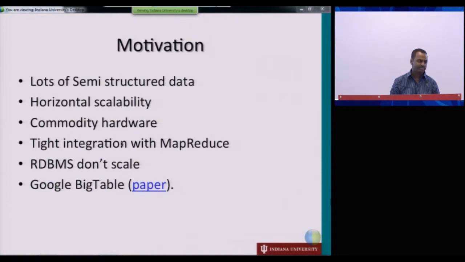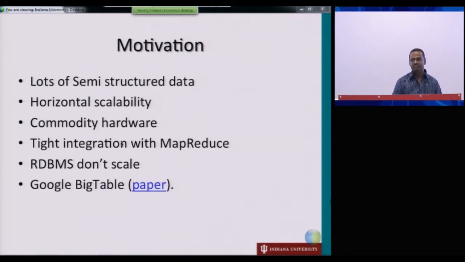Horizontal scalability means increasing the power and efficiency of a system when you add resources proportionally. They also wanted the system to run on top of commodity hardware and to have tight integration with MapReduce so that they could process the data stored in Big Table using MapReduce.